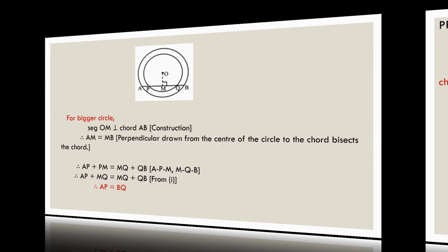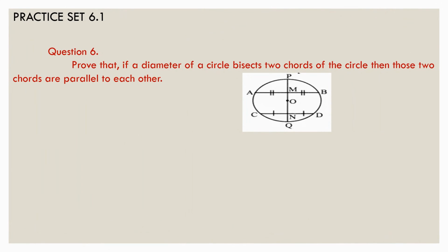Question number 6. Prove that if a diameter of a circle bisects two chords of the circle, then those two chords are parallel to each other. In this question, in a circle, the diameter PQ bisects two chords AB and CD in two points, and we have to prove that chord AB is parallel to chord CD.